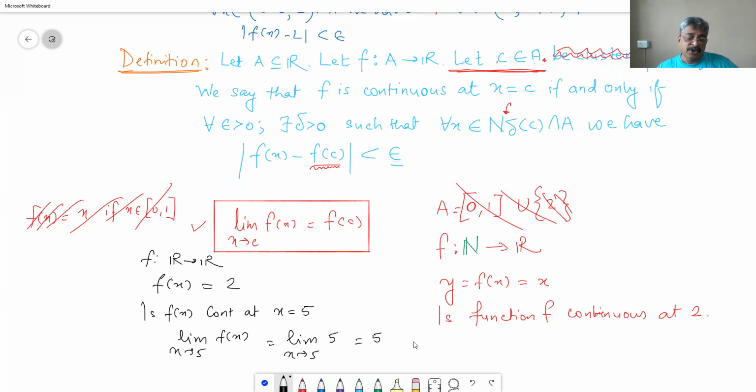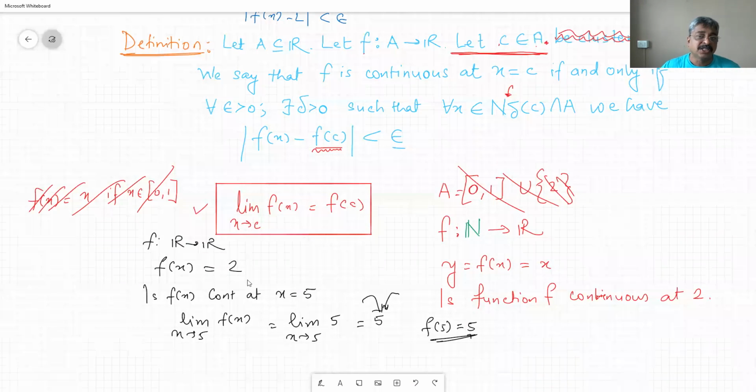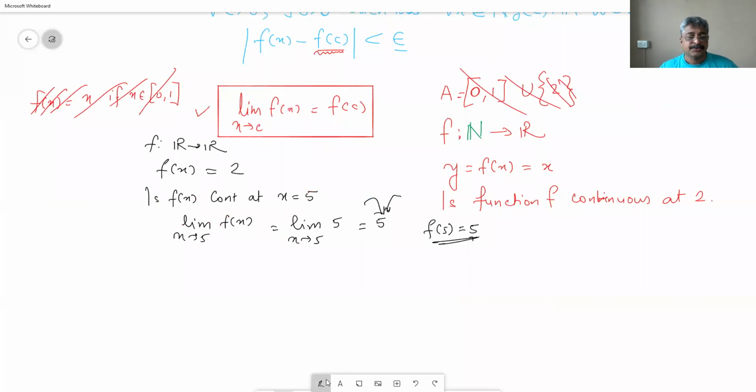And the value of the function f of 5 is also the same. Therefore left hand limit, right hand limit and value of the function are the same. Therefore it is continuous at x is equal to 5. So with this I can conclude that all constant functions are continuous.